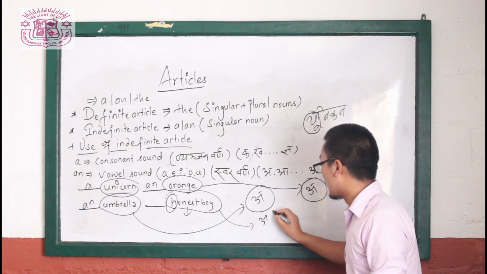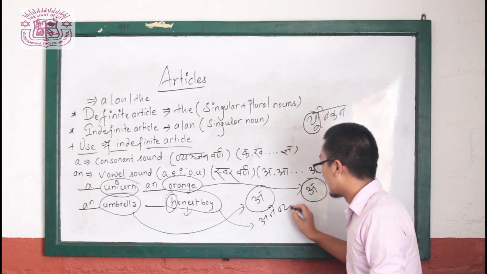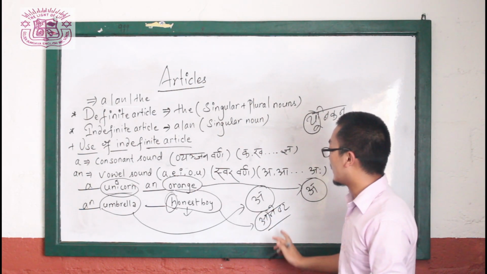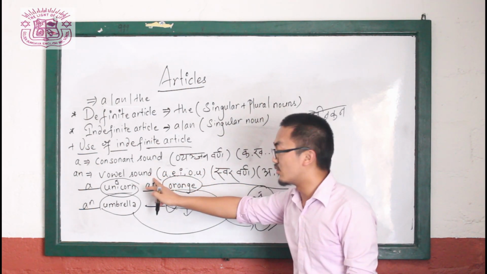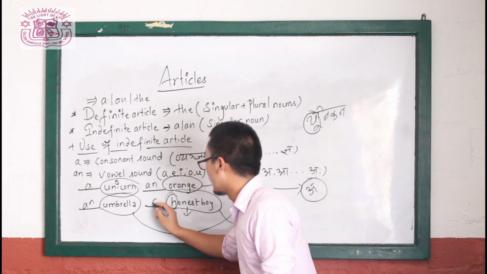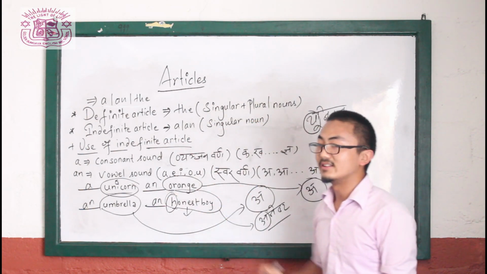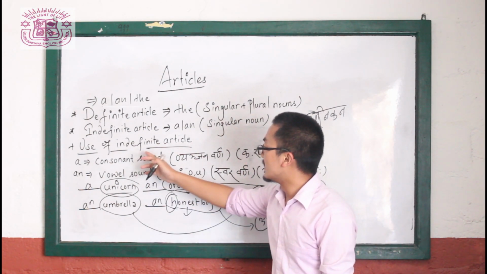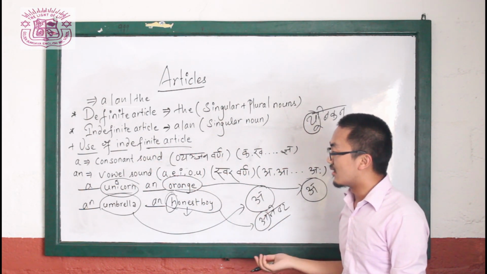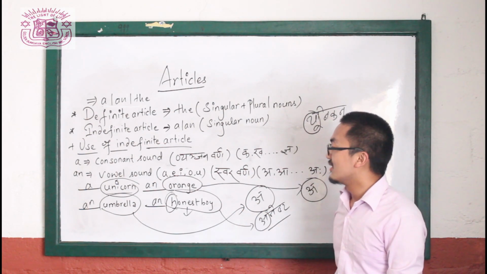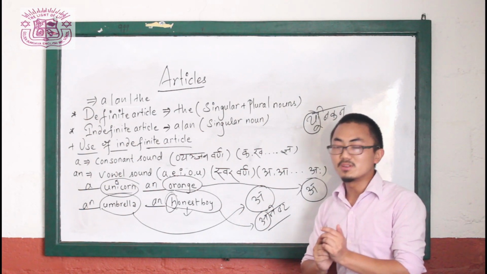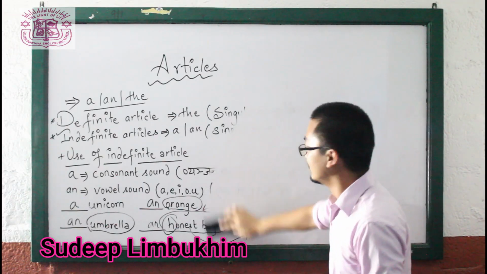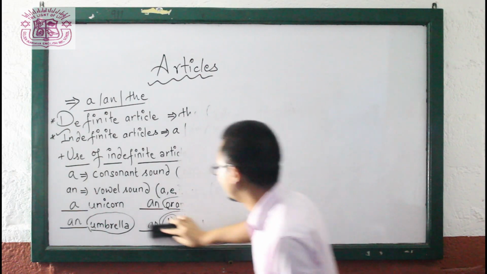So here honest, that means a vowel sound comes at first. So here you can keep an. I think this will make you clear about the use of indefinite articles, when to use a or when to use an. So let's find out some more examples to give more understanding and more clarification.